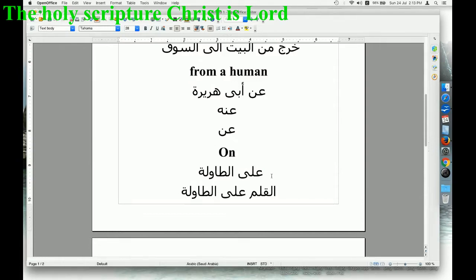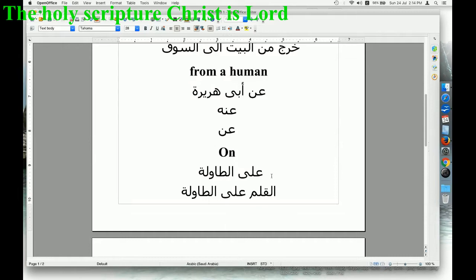So al-qalam ala al-tawila. What is on the table is the pen. So the pen has to come first, then ala has to be between, and then al-tawila, which is on the bottom, has to come after.